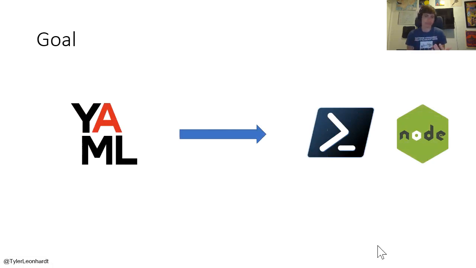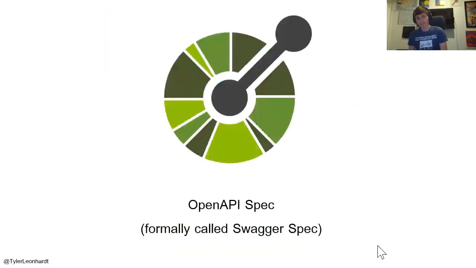But there's some important terms I want to define before we go any further. The first thing I want to talk about is what's called the OpenAPI spec. You might have heard something called Swagger. This is what it was formerly called, but Swagger was the 2.0 of this technology, and then OpenAPI is the 3.0 of this technology. So the OpenAPI spec is a specification, as the name implies, of your REST API.